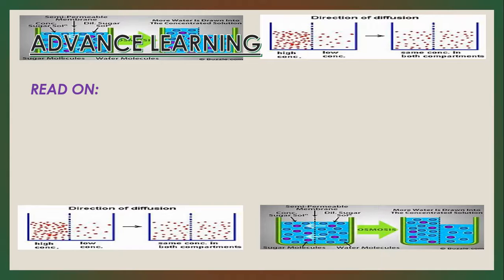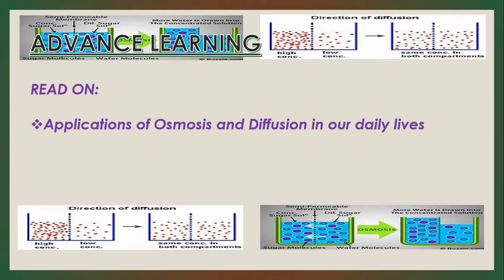For our advanced learning, I will encourage you to read on general applications of osmosis and diffusion in our daily lives. What are some of the daily life activities that involve the application of osmosis and diffusion? Yes, there are. Then there is an important question that we shall look at in our last lesson under this topic, and it describes why plants wilt.